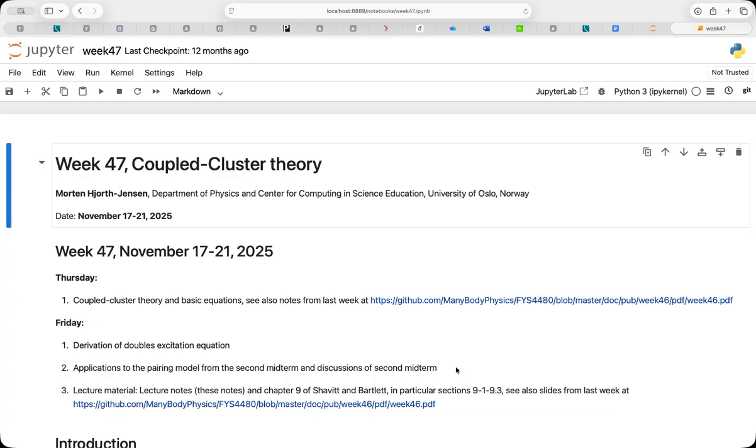And since coupled cluster theory is also an approximation to the full many-body problem, you can compare approximations like Hartree-Fock, many-body perturbation theory, and coupled cluster theory.